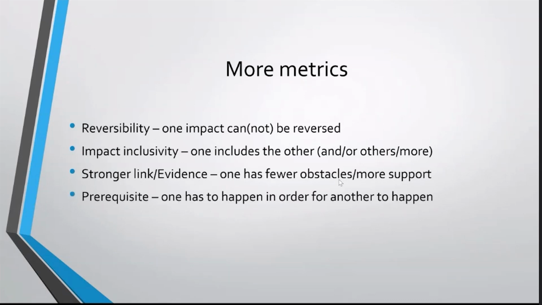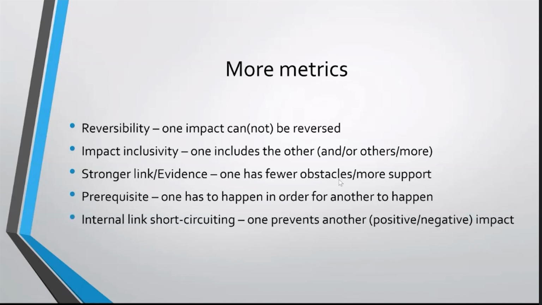The prerequisite metric, which is whether one impact has to happen in order for another to happen, which is similar to impact inclusivity, but not quite exactly the same thing. The internal link short-circuiting, which is whether one impact prevents another positive or negative impact from happening.